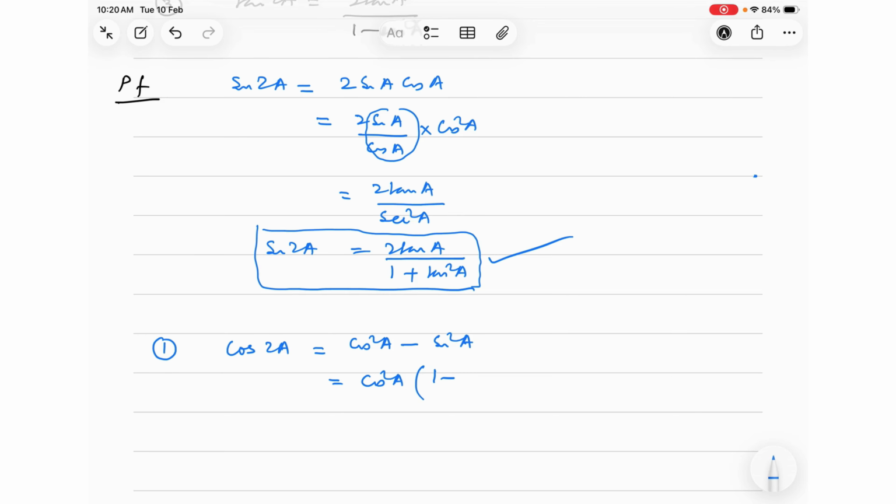This is 1 minus sin square A by cos square A, if you take cos square A common.